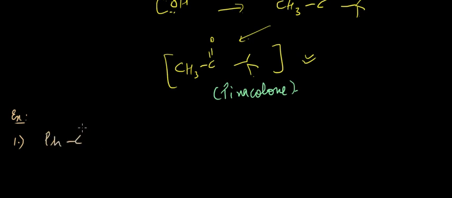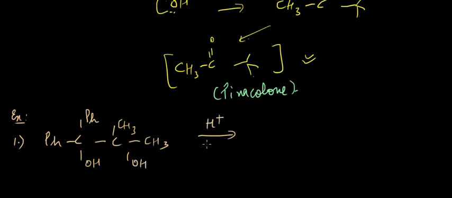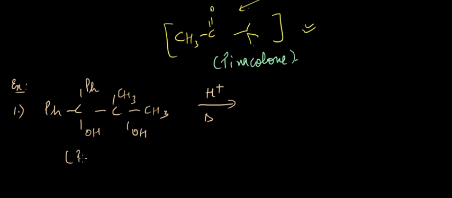Suppose we have something like this. So what would be the product? This is in an acidic medium. This is called Pinacol. Why? Because of the presence of two OH groups on adjacent carbon atoms.